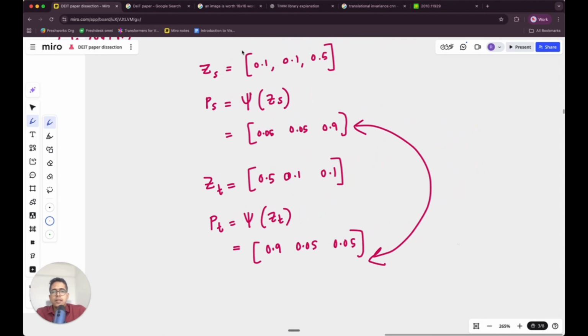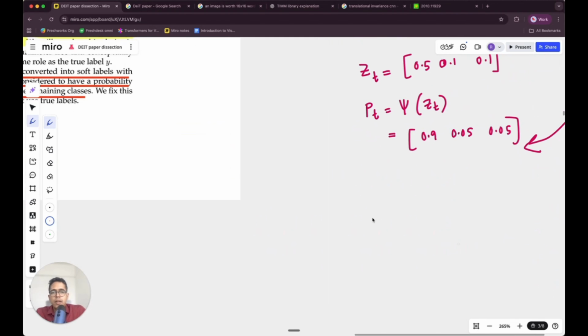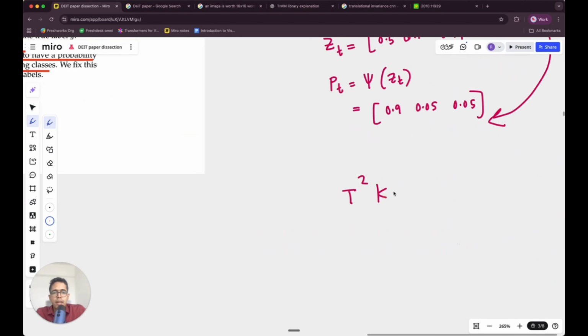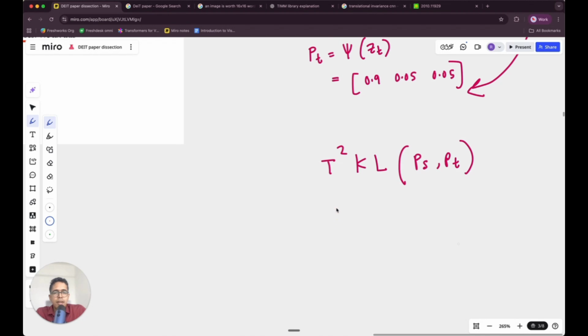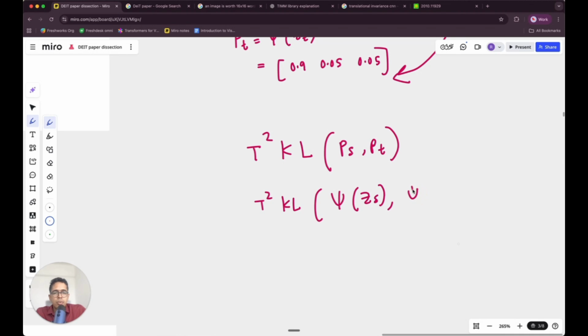So the formula is what is shown in the paper itself. Let me just write it down. Tau squared, where tau is temperature, multiplied by the KL divergence of softmax of ZS, which is the logits for the student, and softmax of ZT, where ZT is the logits for the teacher.